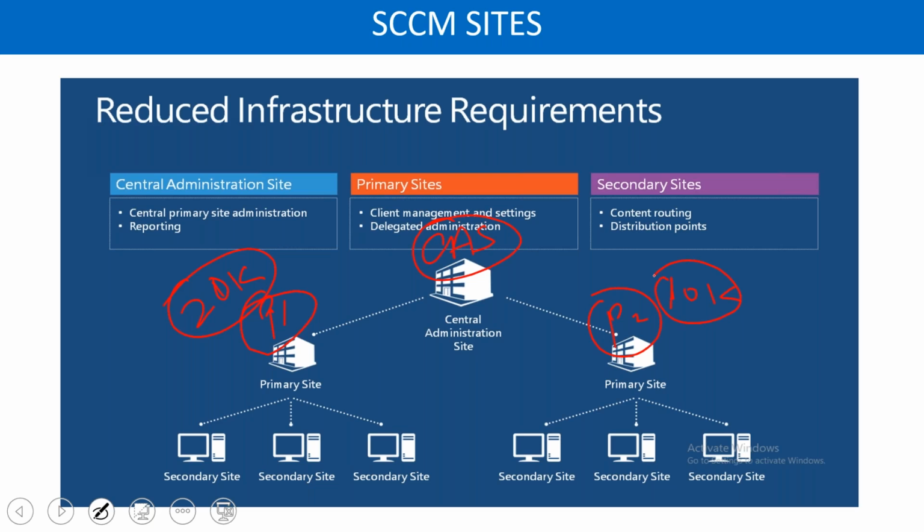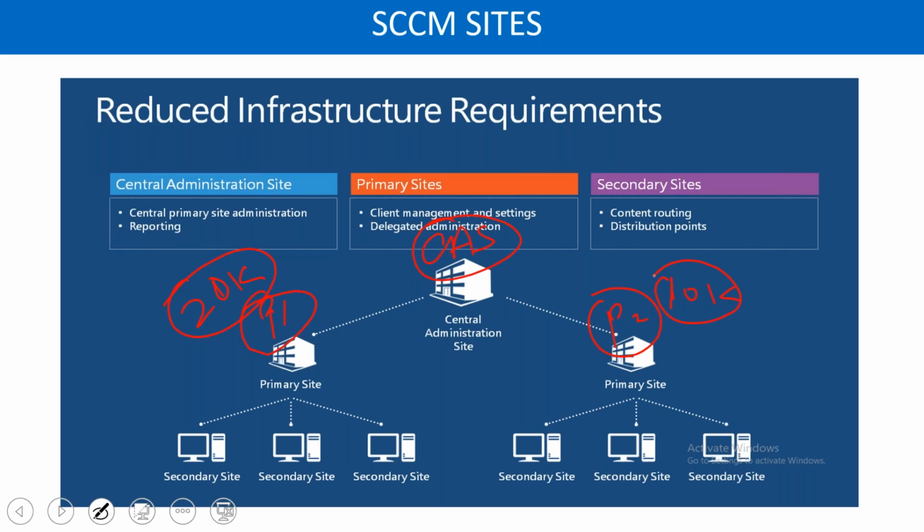Then why do we need multiple primary sites? Because one primary site can manage 30,000 devices itself, right? The maximum capability of a primary site is 175,000 devices. But sometimes the company wants to keep things separate.